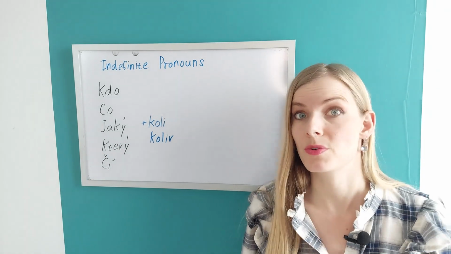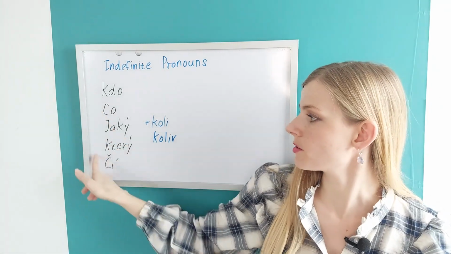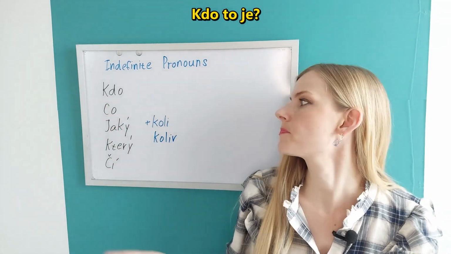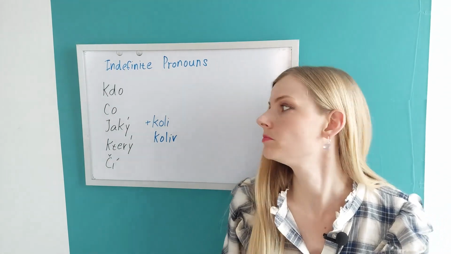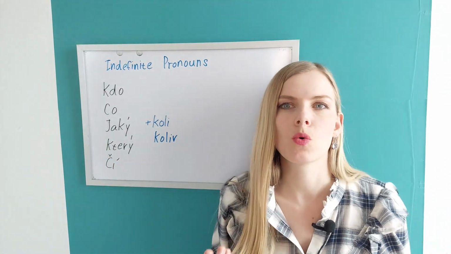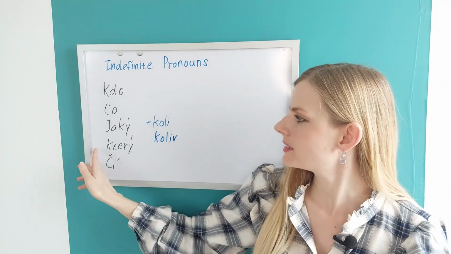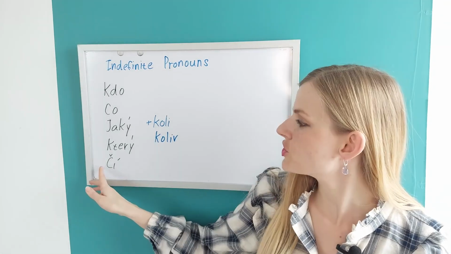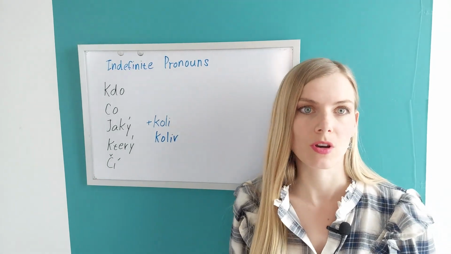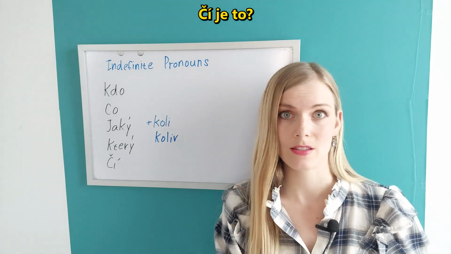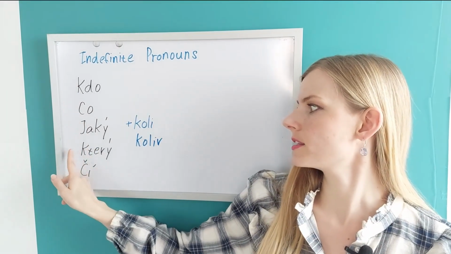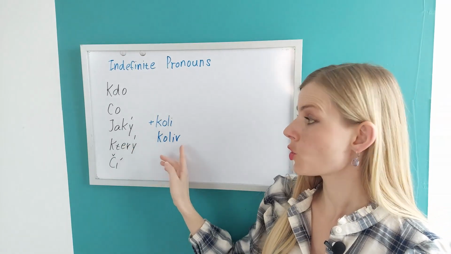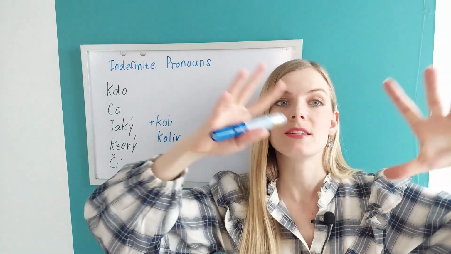You can hear these pronouns in questions like kdo, who, kdo to je, who is it, co, what, jaký, what as in what kind, který, which of the selection, čí, whose, when we talk about possession, whose is this. Kdo, co, jaký, který, čí. When we add this ending koli or koliv, they become indefinite.